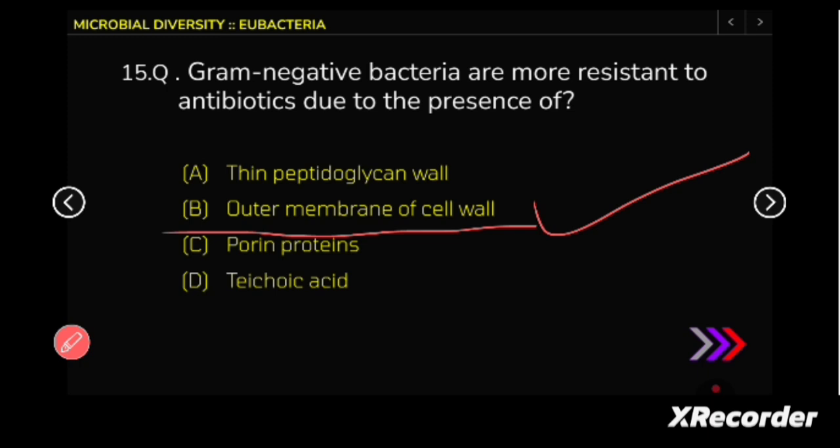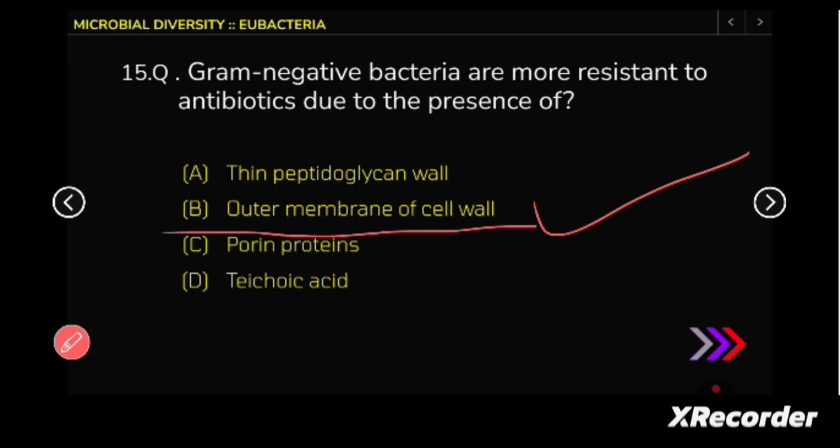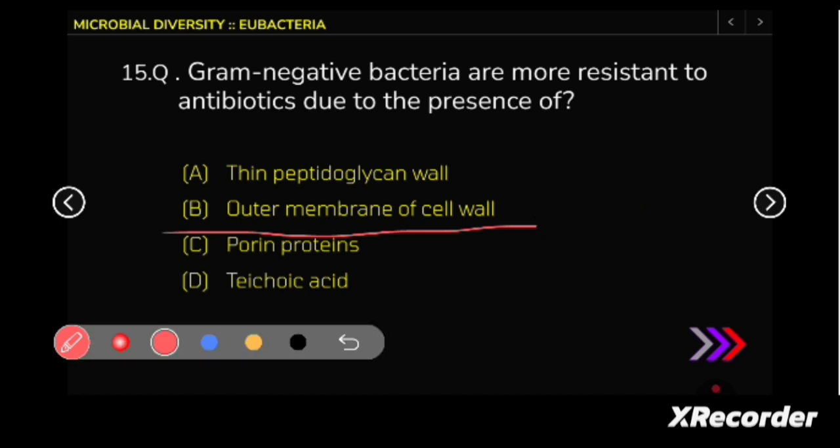The outer membrane in gram-negative bacteria does not allow antibiotics. It is generally impermeable to transport of antibiotics into the bacterial cell. So answer is outer membrane of the cell wall.